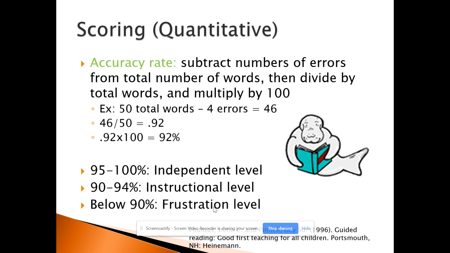Conversely, if the student lands in the independent level range, that text was too simple for the student and you want to find something that may be a level higher than what the student previously read to check for what could be their instructional level.